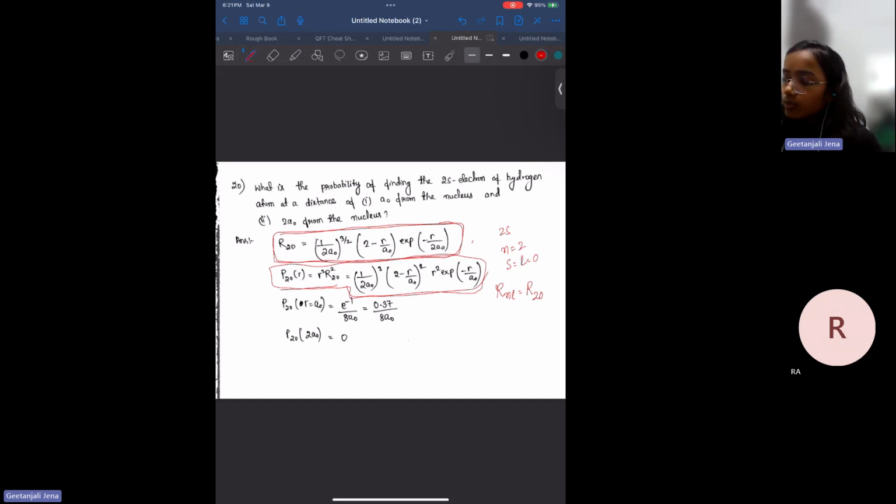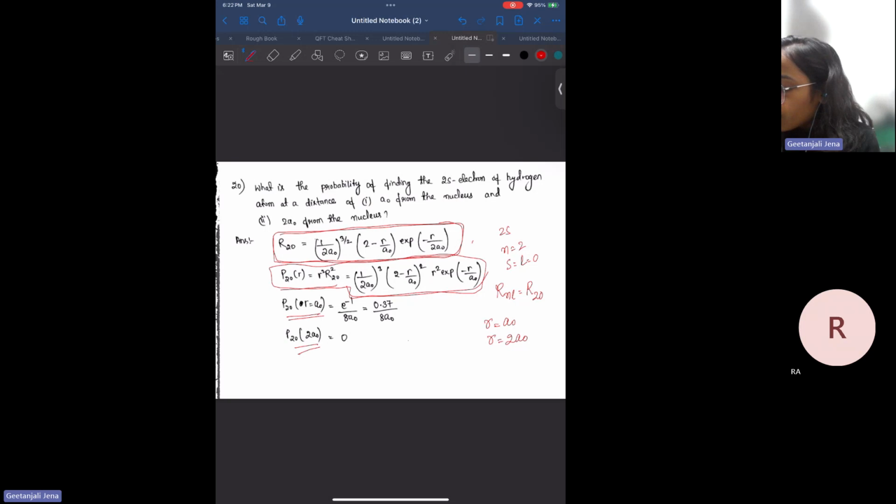Now what you have to do is you have to just put the value of r in this expression. So it is asking about what is the probability when r equal to a0 and what is the probability when r equal to 2a0, right? So in this expression, you have to just put the r equal to a0 part and r equal to 2a0 part.